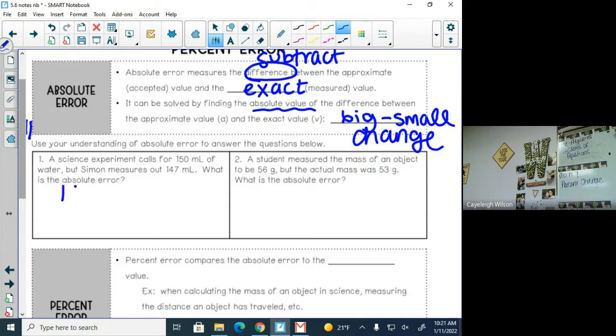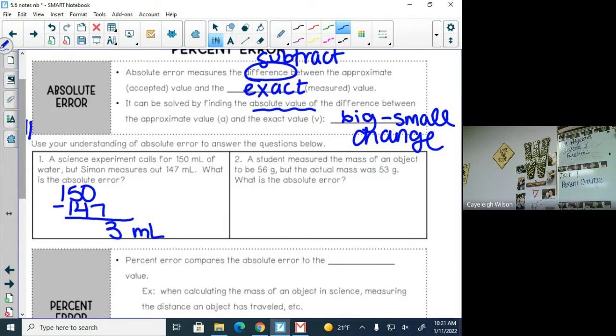So I can subtract 150 minus 147, and his error is 3 milliliters. He had a measuring error of 3. Now, this one did not ask for what is the percent of error. It just asked what is the error. So it's just getting you in the practice of finding the error, right? What if I ask you the percent of it? We'll get to that in a minute.